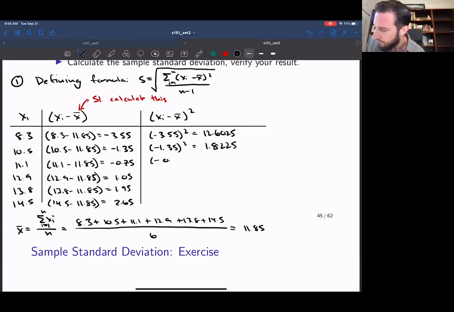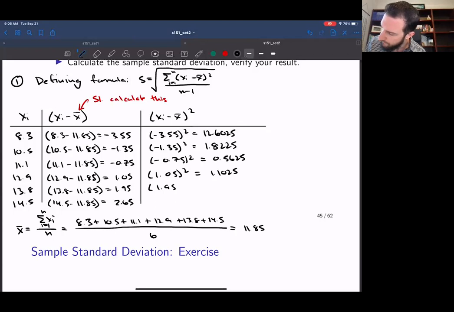And then negative 0.75 squared is equal to 0.5625. 1.05 squared is equal to 1.1025. 1.95 squared is equal to 3.8025.